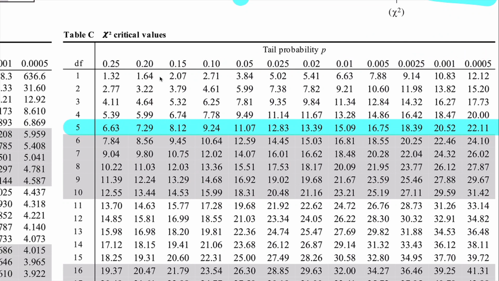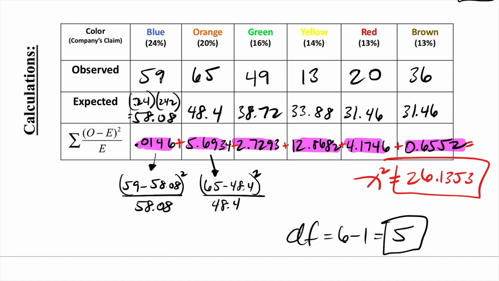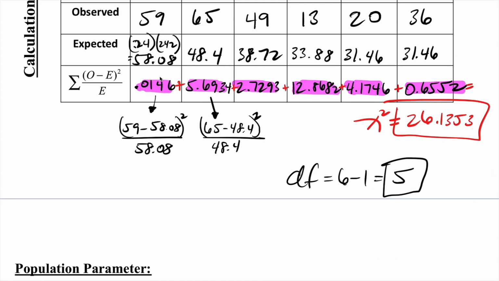Okay, so let's go write that down. We write it down with our calculations because p-value is a part of the calculations. So we say p-value is less than 0.0005. I'm not going to say equal to, it's less than.